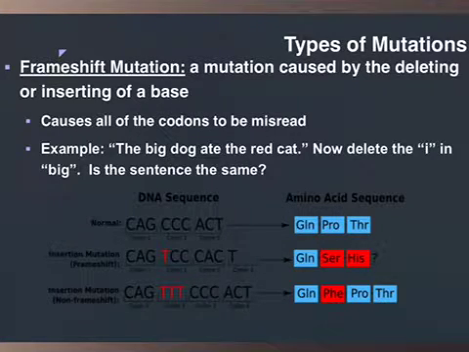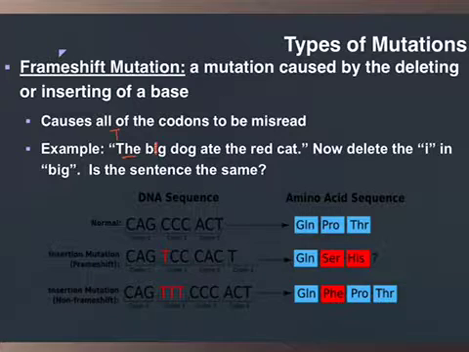Frameshift mutations are mutations caused by the deleting or inserting of a base. And so this causes all of the codons to be misread. So if we practice this with a sentence, the big dog ate the red cat. Now if we delete the I in big, do we have the same sentence?